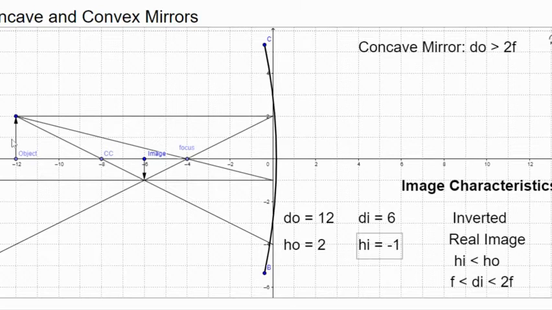If the object is 2 centimeters high, the object distance is 12, and the image distance is 6, then the image height should be -1. Go ahead, pause the video, use that magnification equation to verify that, yep, that's the way it should be. All right, I'll give you a minute to do that.